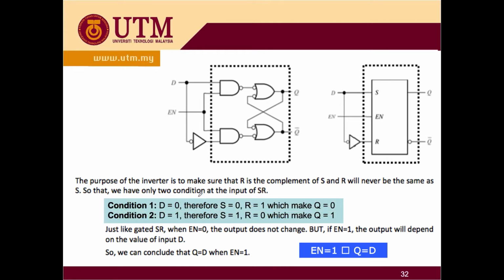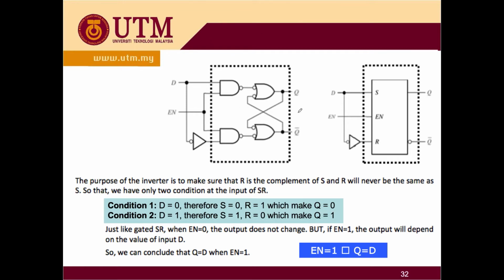So you can see there are two conditions. First condition is D is 0, therefore S is 0 and R is 1, which makes Q 0. And then D is 1, therefore S is 1 and R is 0, which makes Q 1.